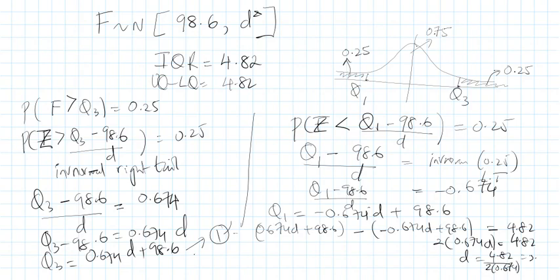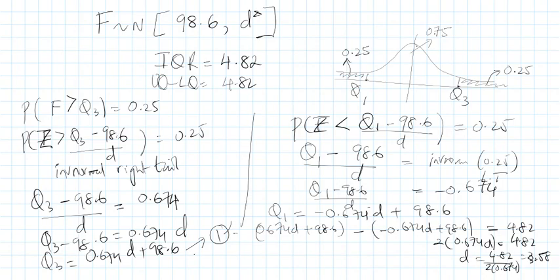You have 0.674 D plus 98.6 minus 0.674 D plus 98.6 is equal to 4.82.